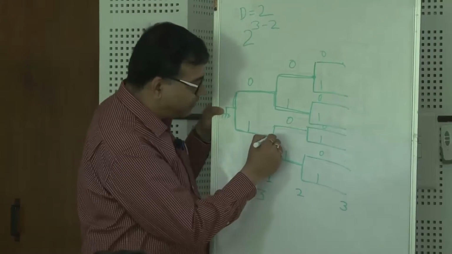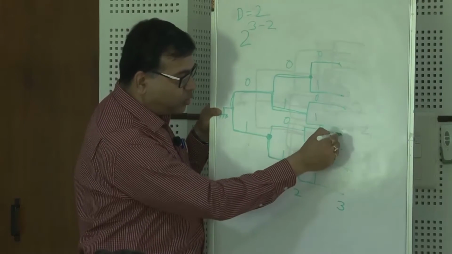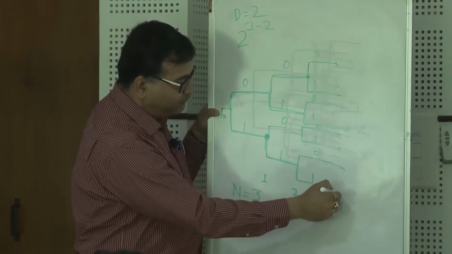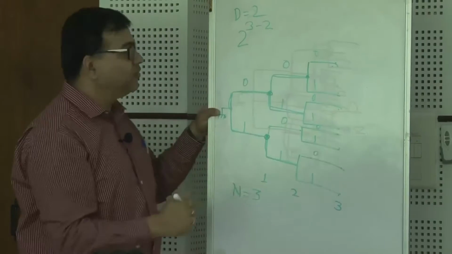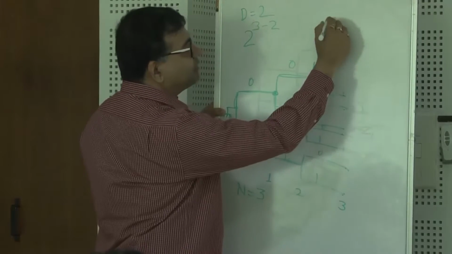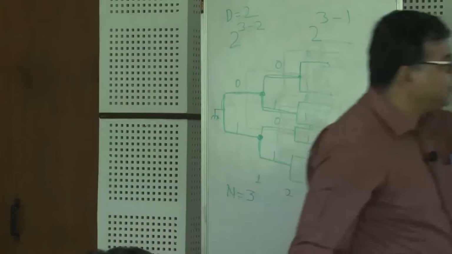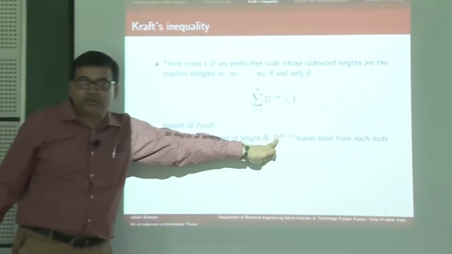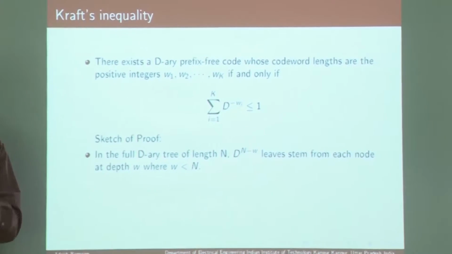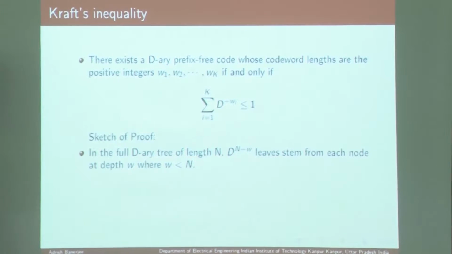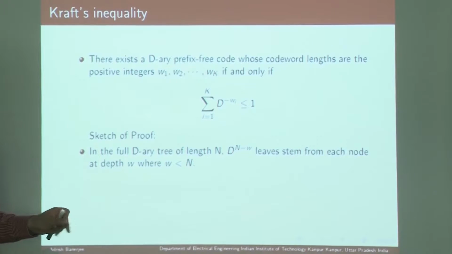If you look at depth 1, how many leaves from this node? 1, 2, 3, 4. There are 4. So this is again 2 raised to the power 3 minus 1. So is this clear that if you look at depth w, so many leaves are stemming out from a node at that particular depth, correct?